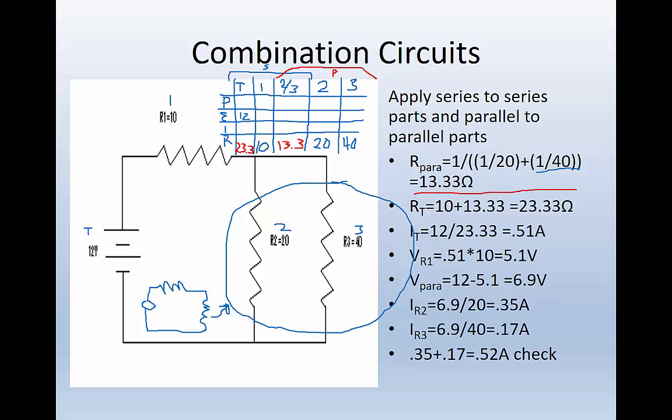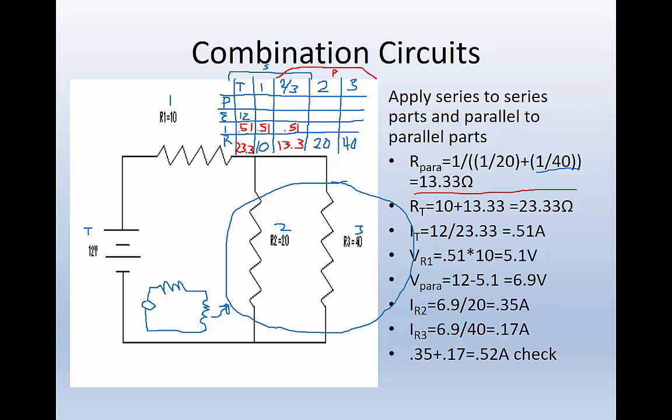As we go through, now we can actually start doing the math. I know resistance, I know voltage. I can solve for my current, which is going to be 0.51. 12 divided by 23.3. I know that in the series portion, my current is constant, so this is also 0.51, as is this. Okay?